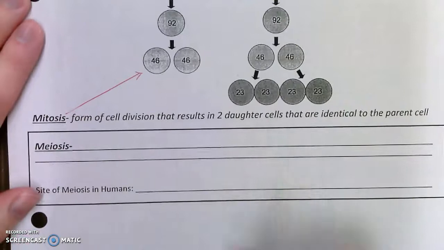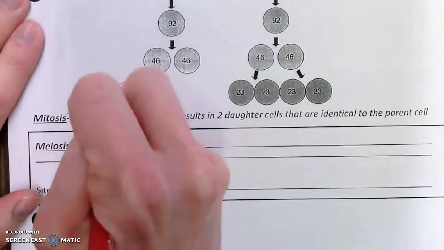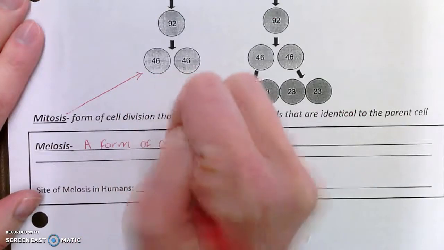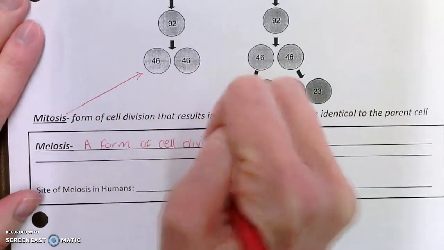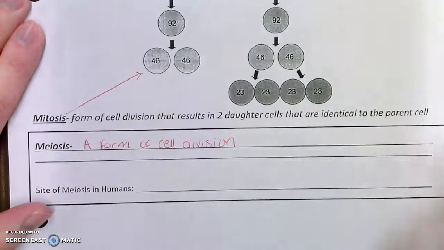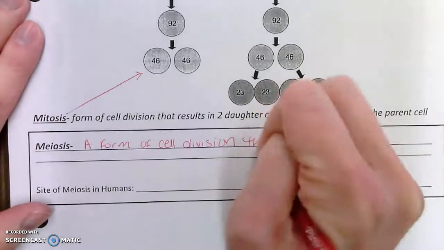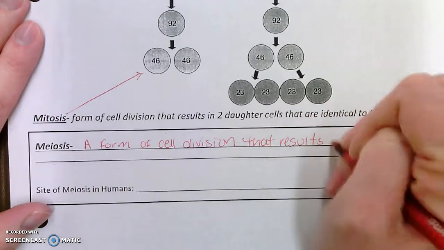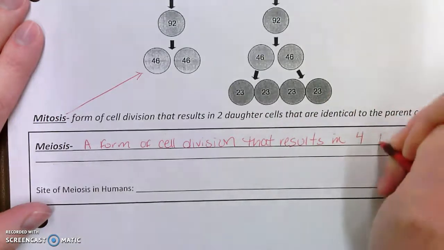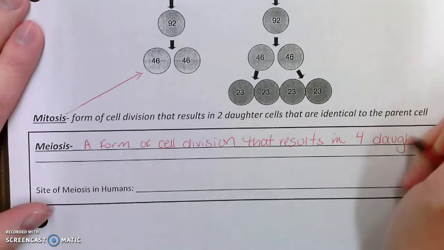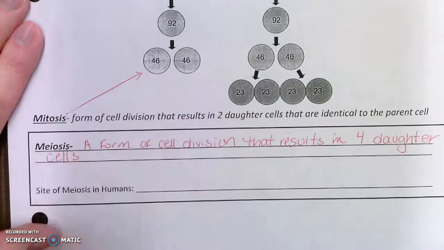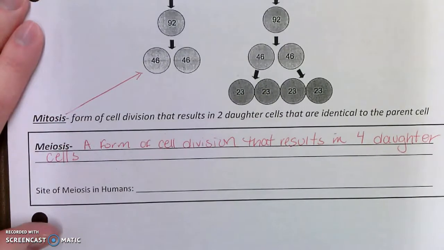So meiosis is a form of cell division that results in 4 daughter cells with half the amount of genetic information as the parent cell.